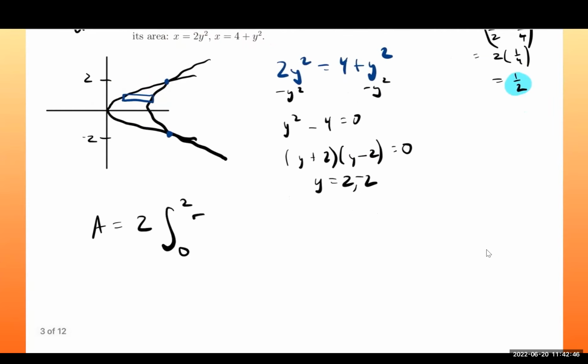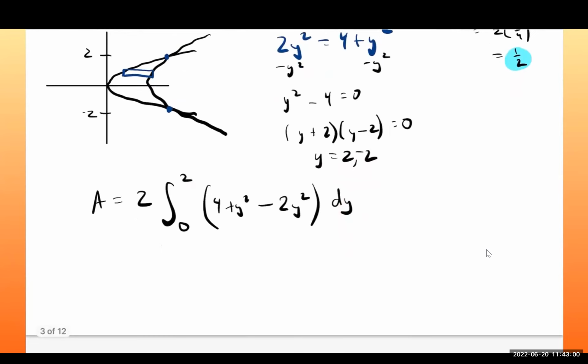So let's write that out. 4 plus y squared minus 2y squared, with respect to y this time, as you can see, not x.